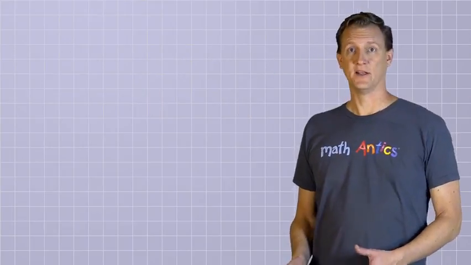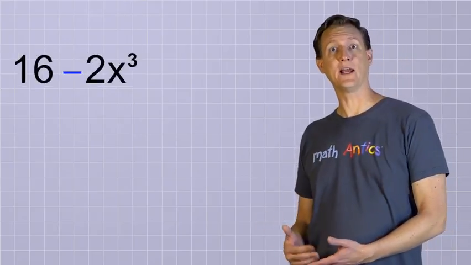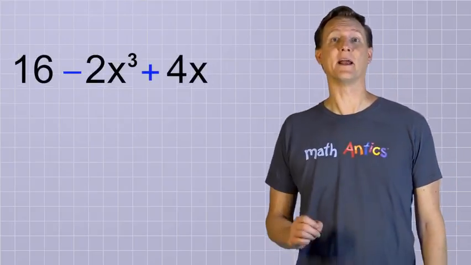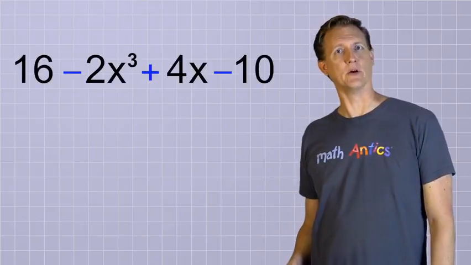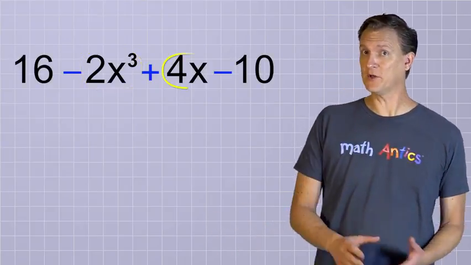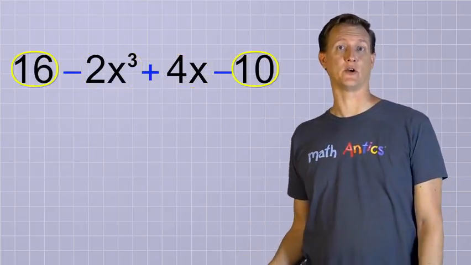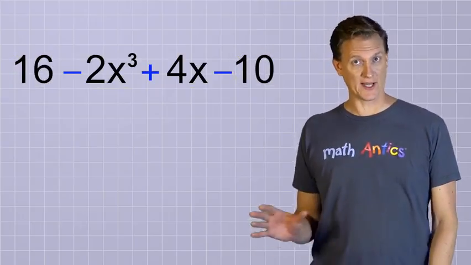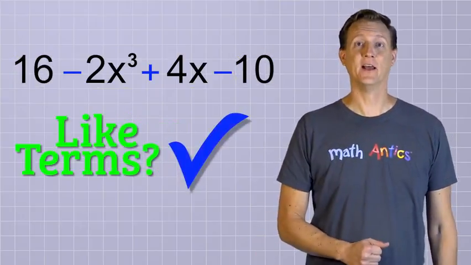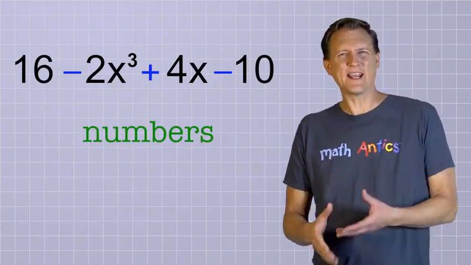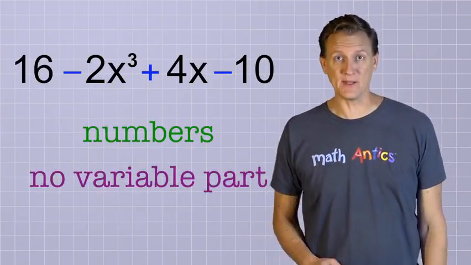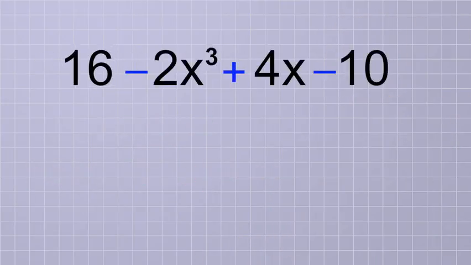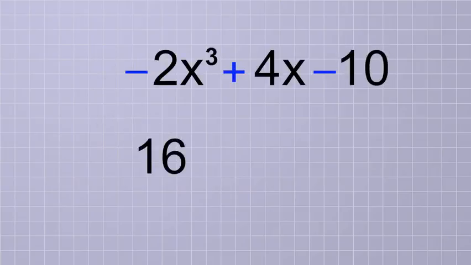Let's try this one. 16 minus 2x cubed plus 4x minus 10. In this polynomial, we have a third-degree term, a first-degree term, and 2 constant terms. Are those constant terms like terms? Absolutely. They're both just numbers and don't really have a variable part, so we can combine them easily. This term is positive 16, and this term is negative 10.